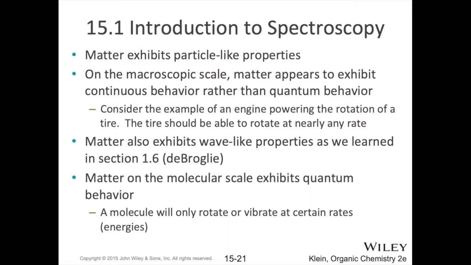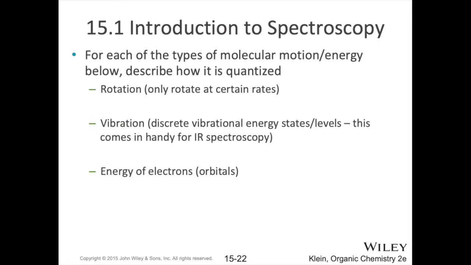In the case of IR spectroscopy, this typically has to do with actual vibration of bonds, and we'll go into more detail on that. And we'll see that there are other forms of these quantum states that vary depending on the light we're using and the type of spectroscopy we're using. We'll go into more detail on this in the different kinds of spectroscopy we'll look at in these next few chapters.